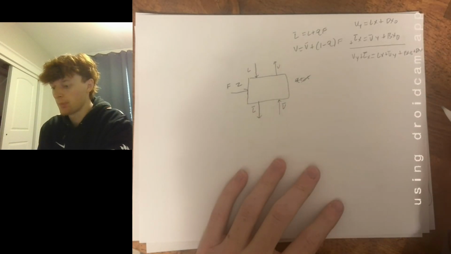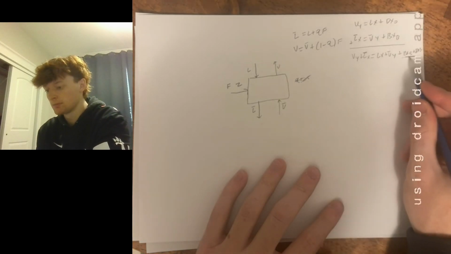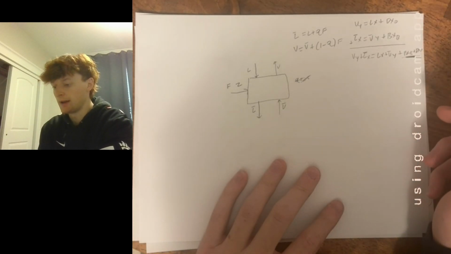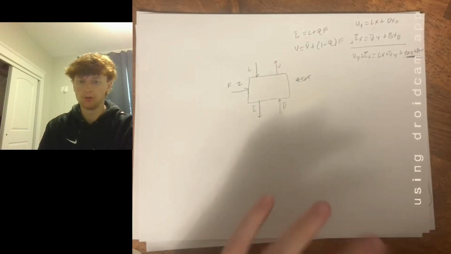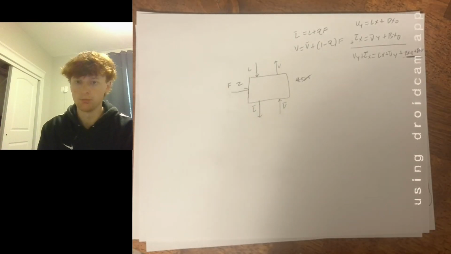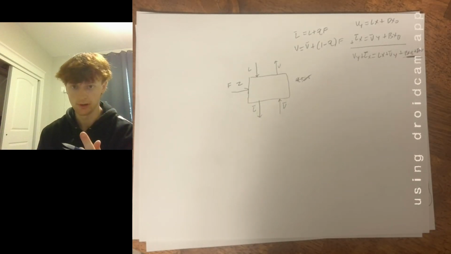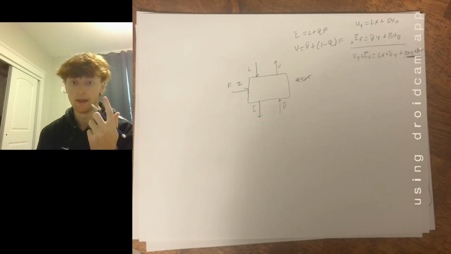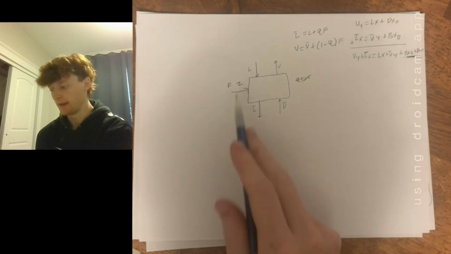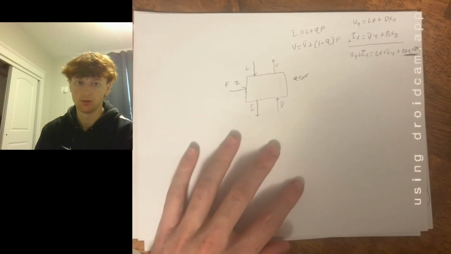Okay, so now we can look at this right here, and we can realize we're going to write an overall mass balance for the whole distillation column. So the two things we have going out are the distillate and the bottoms, and then we have a feed coming in, with z as our composition.